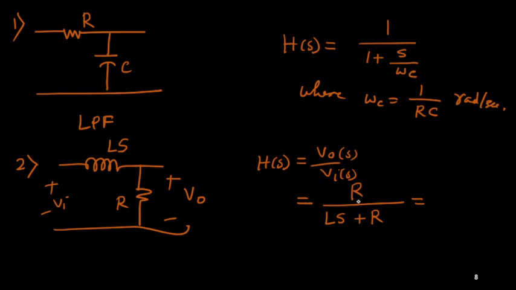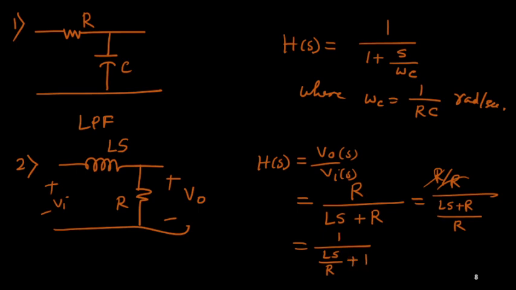You can divide both numerator and denominator by R. So it will become R by R, and this is also L S plus R by R. So this will become 1, and this will become L S by R, plus 1.